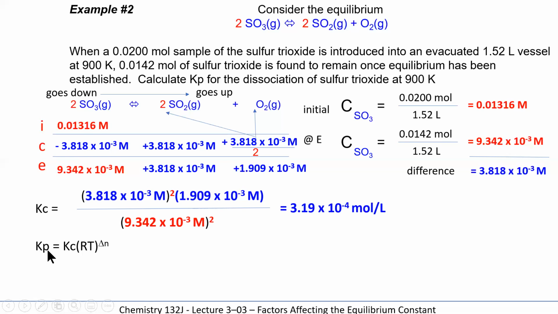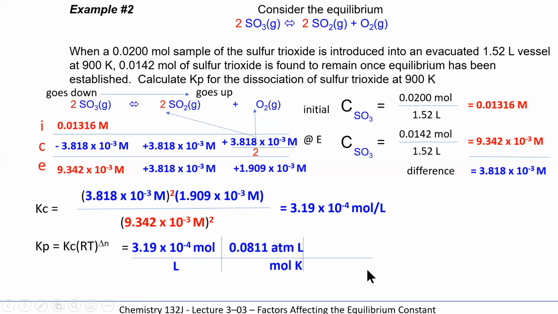And we can calculate Kp from Kc using this mathematical relationship that we have established earlier. So it's going to equal the Kc times R. And recall, we're going to use R as atmosphere liters because it's Kp.